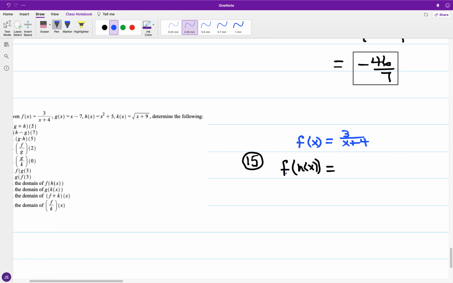And here we have f of the input equal to 3 over the input plus 4. And just crossing over, you have h of x.